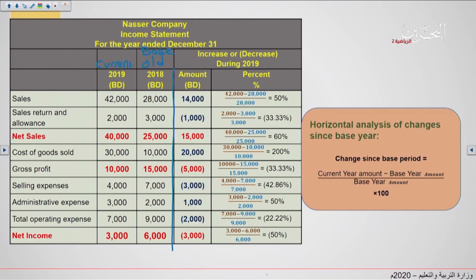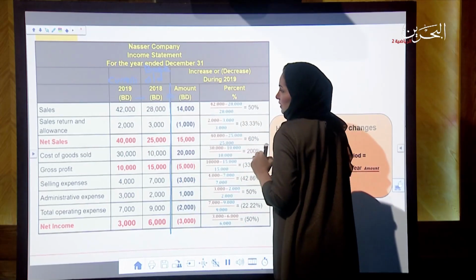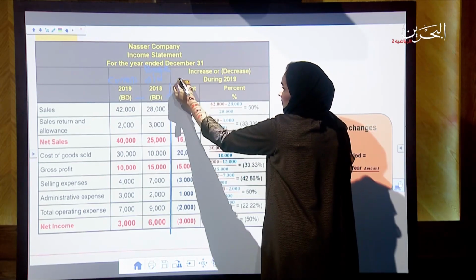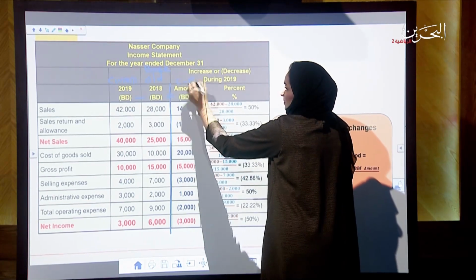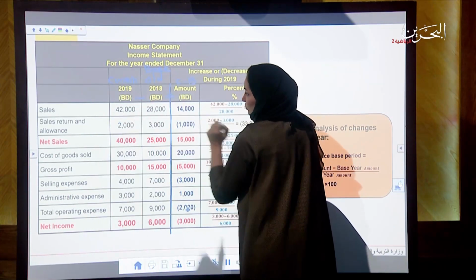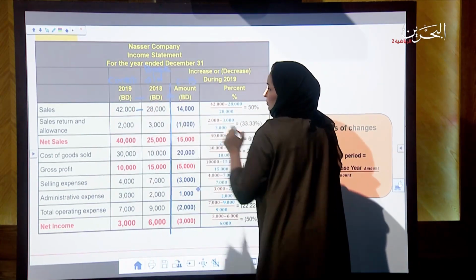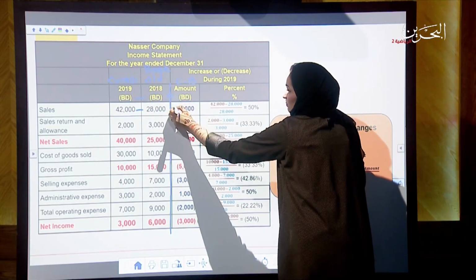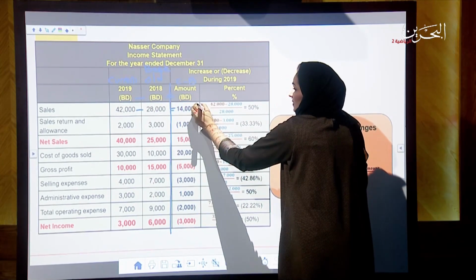Now we have to calculate the amount: 2019 minus 2018 equals the amount, current minus base. Let's start with the sales. The sales are 42,000 minus 28,000 equal to 14,000.